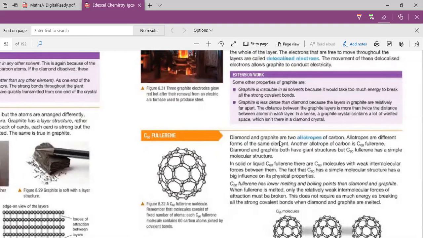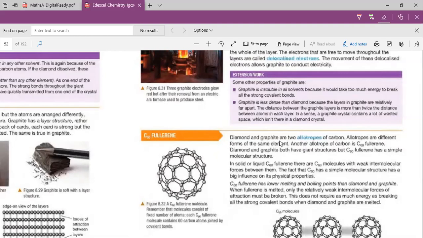In a sense, a graphite crystal contains a lot of wasted space, which isn't there in a diamond crystal. This wasted space between the graphite layers explains why graphite is less dense than diamond.